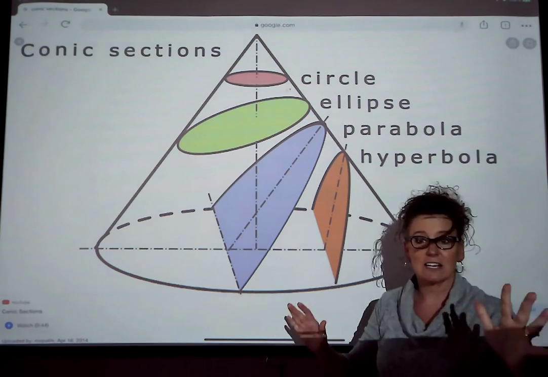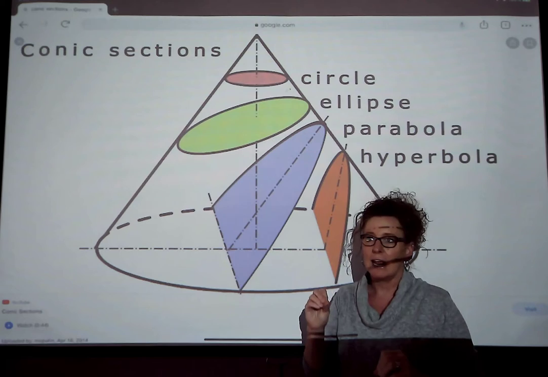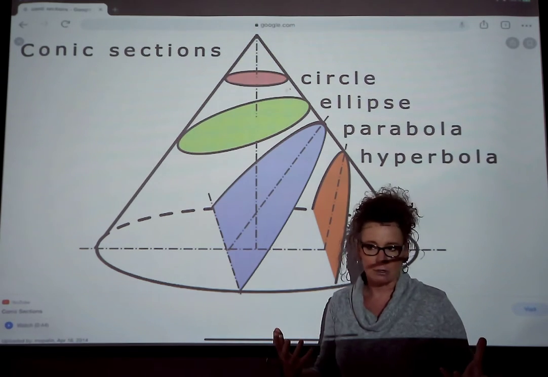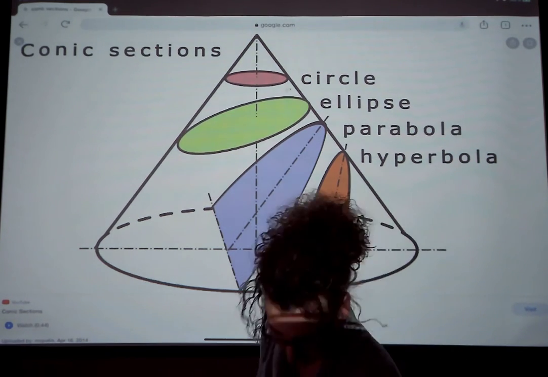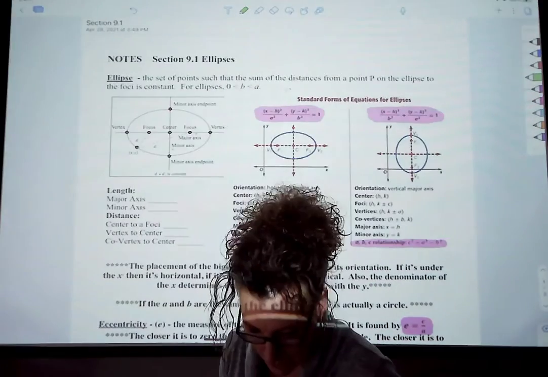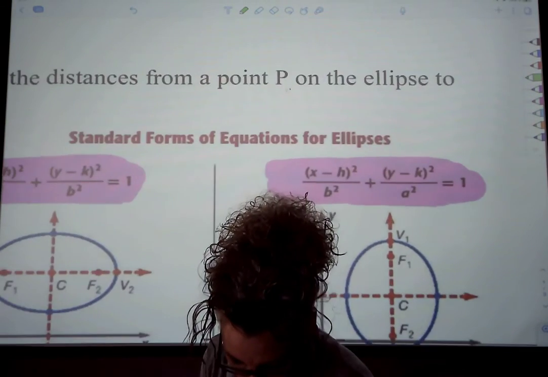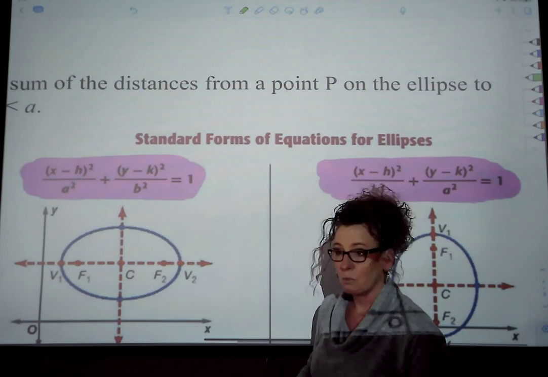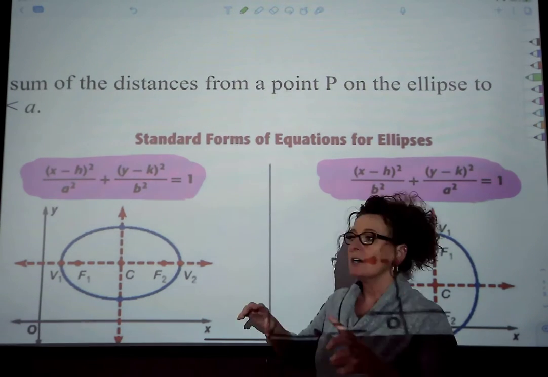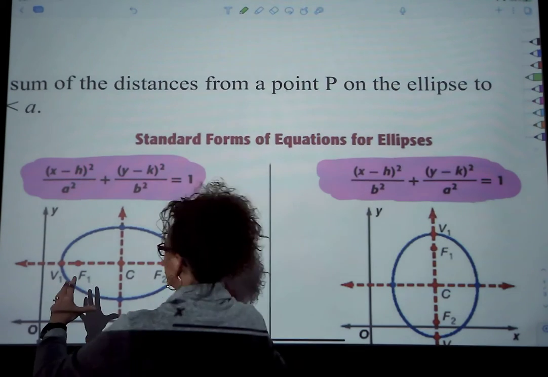So, conic sections. We're going to investigate each shape and what the graph of each shape looks like and how we can manipulate it and find out more information about each one. So, back to 9.3. We're looking at ellipses. I want to point out what the equation of an ellipse looks like. When we look at an ellipse on a graph, remember they look like ovals.